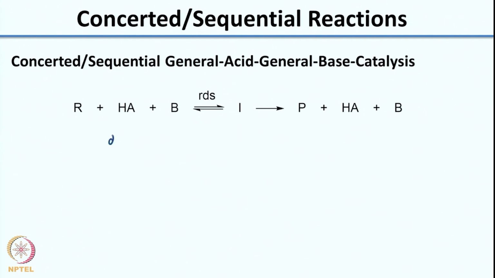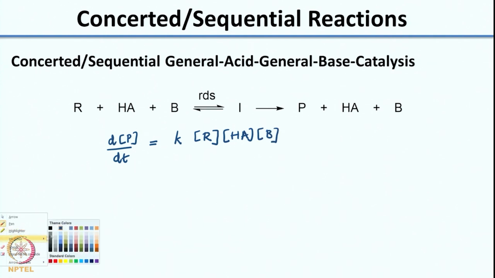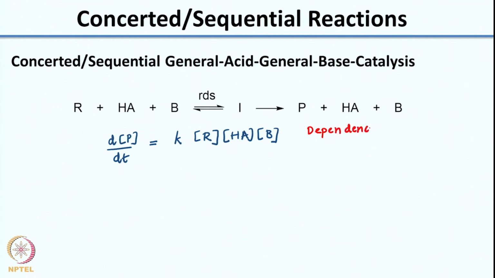The rate law would be equal to k times the concentration of R, concentration of HA and concentration of B. So, here what you would see is a dependence on both HA as well as B.